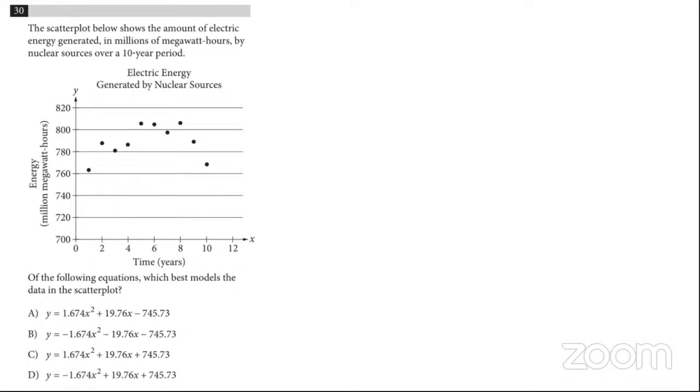We are given a scatter plot which shows the amount of electric energy generated in millions of megawatt hours by nuclear sources over a 10-year period. So on the x-axis, we have time, and on the y-axis, we have the energy. And we are asked which model fits the data best.